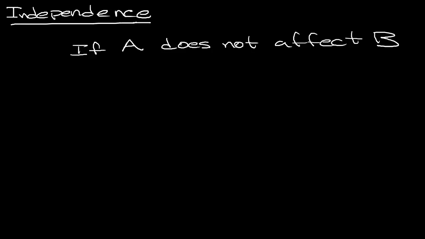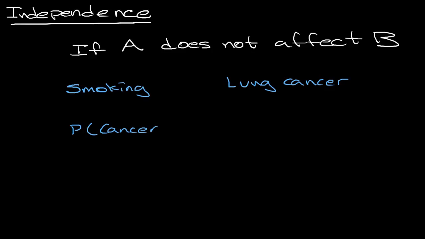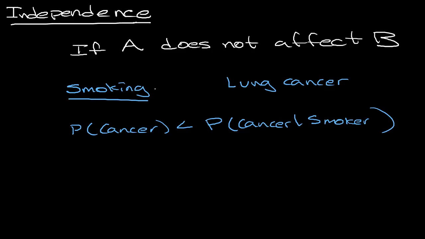For example, let's imagine one event of smoking and another event which is getting lung cancer. So you would expect that the probability of developing cancer is less than the probability of developing cancer given that you are a smoker, right? So this event, the event of smoking, will most likely affect the probability of getting cancer.